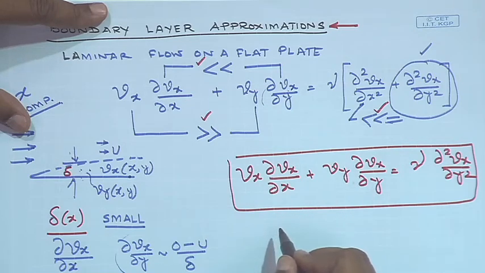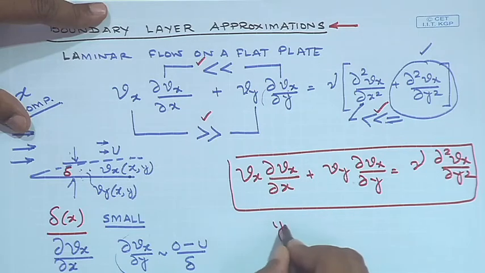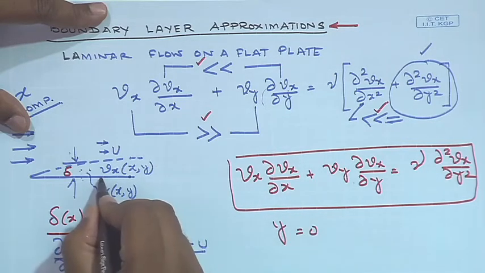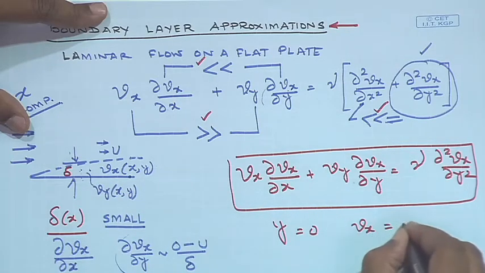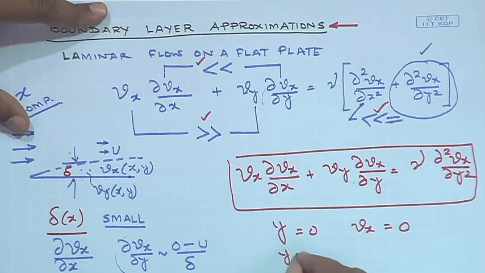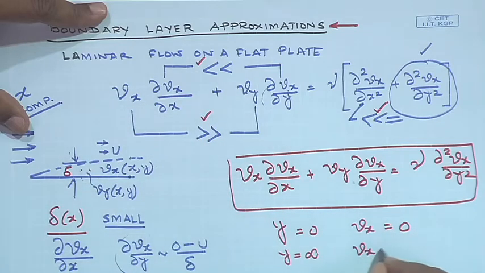And what we need is two conditions on y, and the two conditions on y are at y equal to 0, which is at this point, Vx, due to the no slip condition, would be 0, and at y equals infinity, that means at a distance far from the wall, the Vx would simply be equal to u, where u is the free stream velocity.